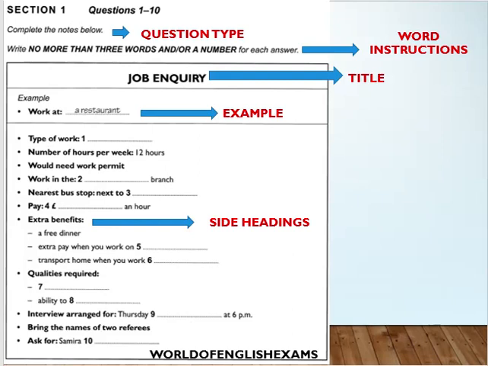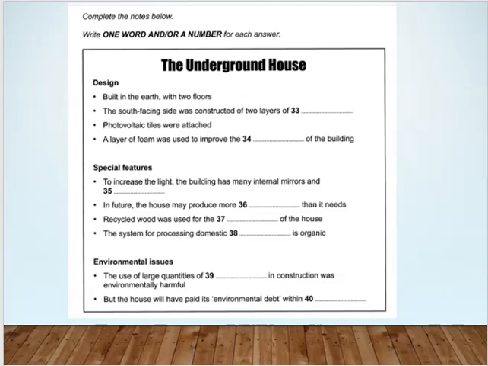But that case is not there for section 4. This is a classic example of that. You can see that the title is complete the notes below, and the word instructions are one word and or a number. So if you have followed the video so clearly so far, you will be understanding that this instruction means you can write one word along with a number or only one number.